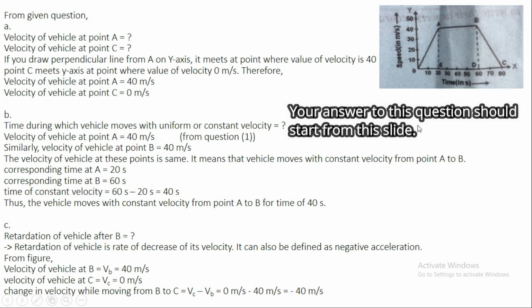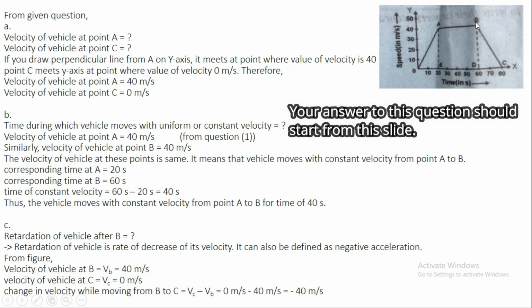Can you guess the velocity of the vehicle at point B? It appears to be a line parallel to the time axis. What I have told you is that if the velocity-time graph is parallel to the time axis, then the object has zero acceleration. In that case, the object is moving with constant velocity.